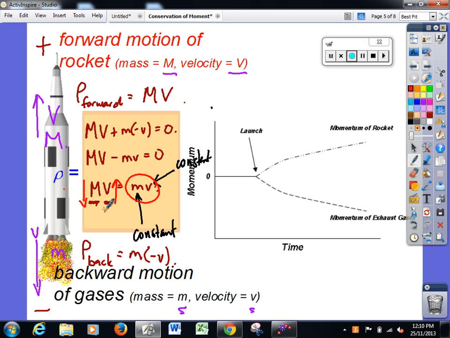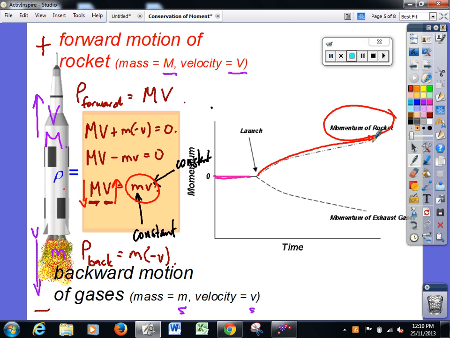And this is a graph that appears in your book to try and explain how this works. There is a zero level here, that's zero momentum. And the upper dotted line is the momentum of the rocket. And the momentum of the rocket increases. Okay?